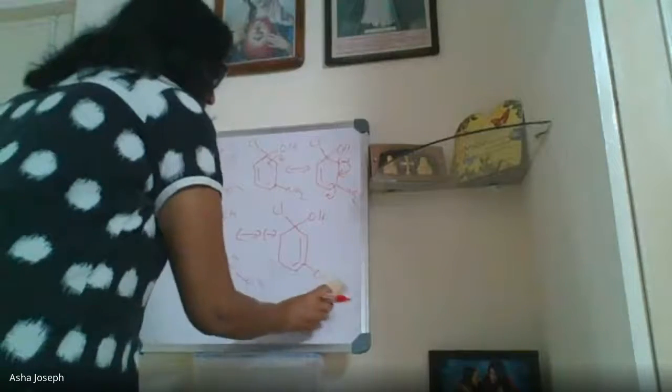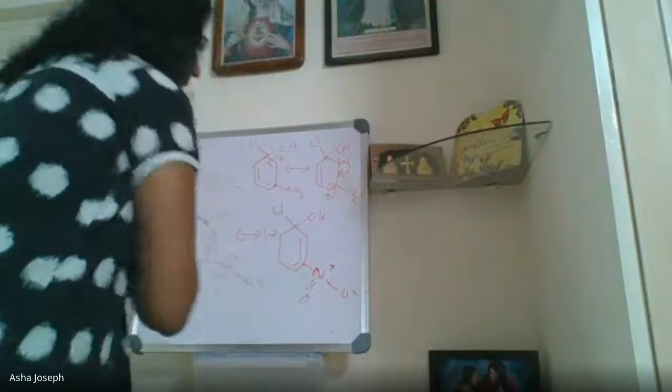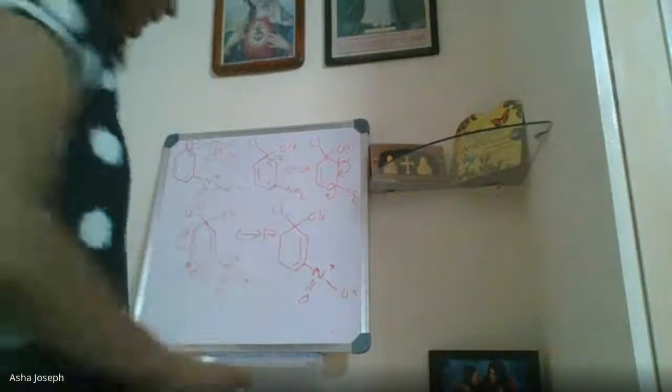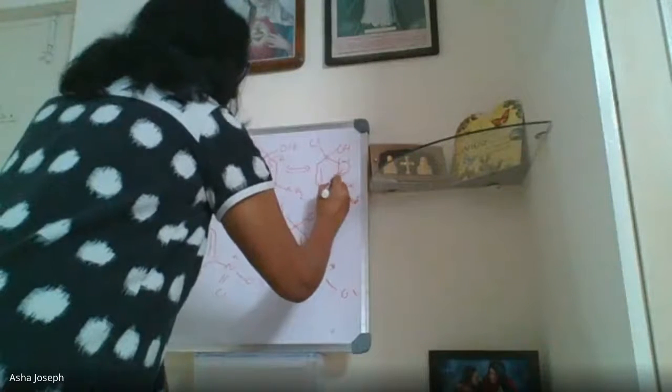Yes, ma'am. Now understood? So, ma'am, can you explain the second resonance, like how from that coordinate bond it has become NO2? I didn't put it because it is of no use. You can put it, NO2 structure is always like this. I didn't put it because there is no effect there. It can withdraw if negative charge comes to this carbon.